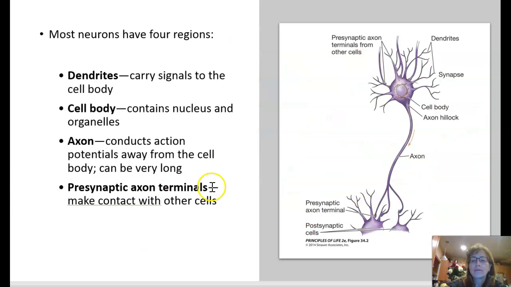So if we look at just your basic neuron, we know that there are these four areas. Dendrites are found on the cell body, and notice how these can be very long, and we talked about that yesterday. The cell body itself is a cell, right? It's what all cells have. It's got all the things it needs to make proteins, which is critical, and to get energy, so we have mitochondria and all those things that any cell would have.